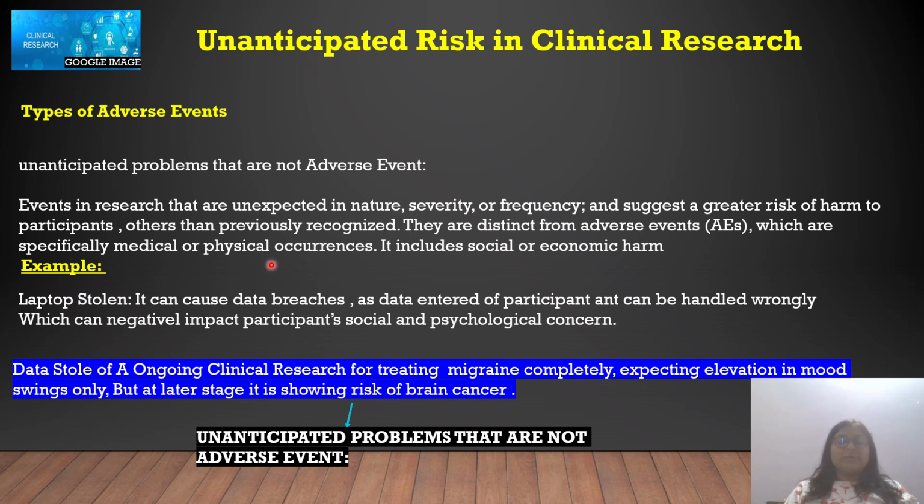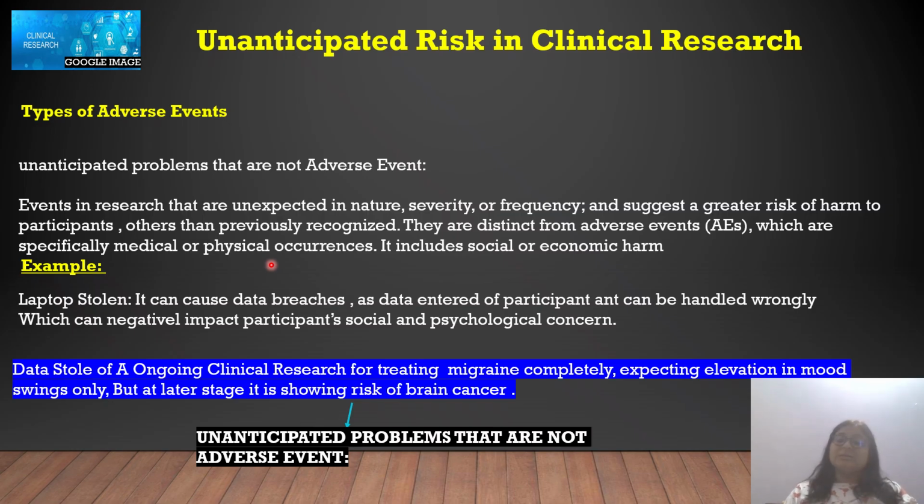We will see in later slides what needs to be reported and what is not required to be reported. Take this example: if any research is going on, say research for treating migraine, there is obviously a database managed by the clinical data management members. In that database, if the system is hacked or stolen, it will cause a data breach and compromise the data privacy of the participants.